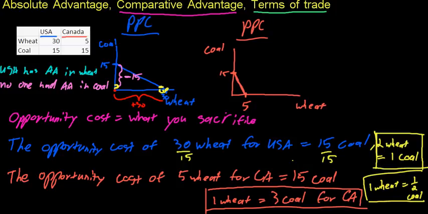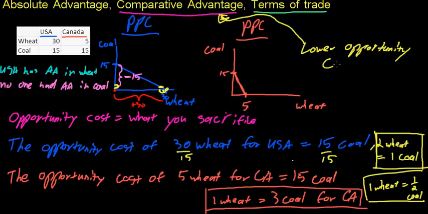So we can see then that what a comparative advantage means is that you have a lower opportunity cost. So which country has a comparative advantage in producing wheat? And we can see very clearly that the USA has a comparative advantage in producing wheat.